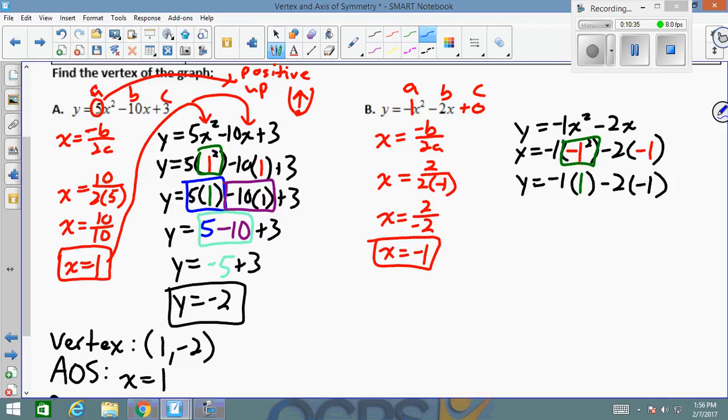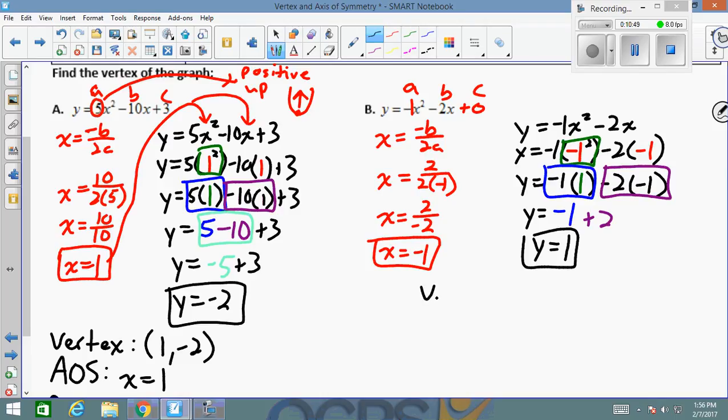Okay, then we're going to do our multiplication. Negative 1 times 1 is negative 1. Negative 2 times negative 1 is positive 2. So y will equal 1. So our vertex is at the point negative 1, 1.